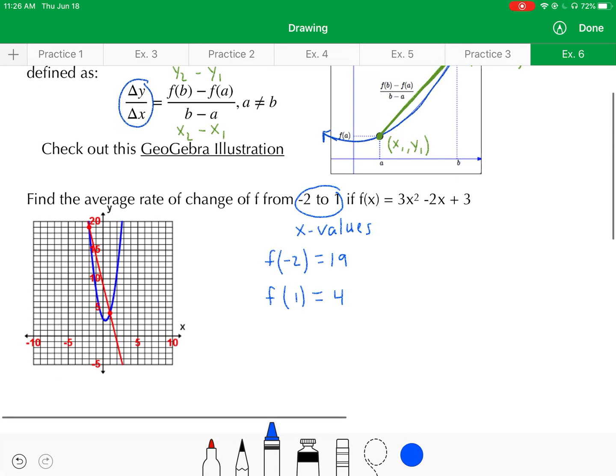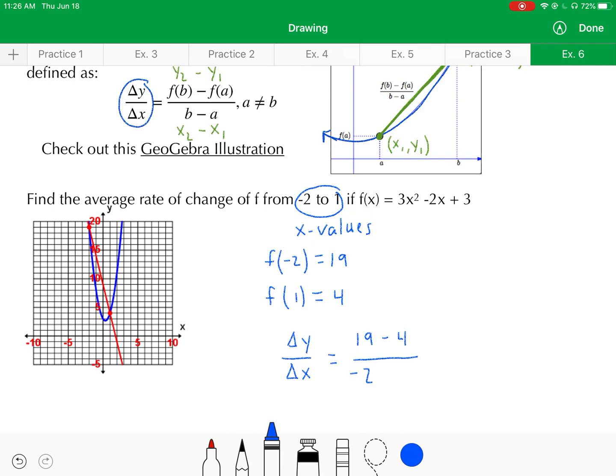So now I have everything that I need to utilize the formula here. The change of y over the change of x, so delta y over delta x, is equal to one y-coordinate subtracted by the other divided by one x-coordinate subtracted by the other.